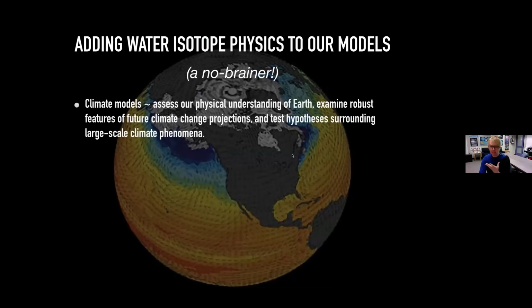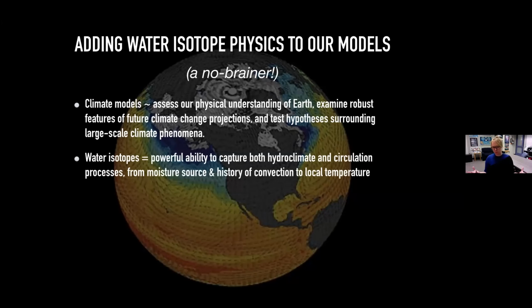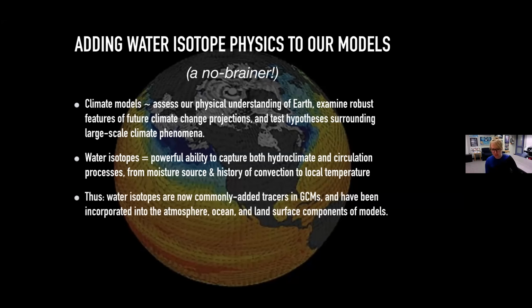So for many, many years, we've used climate models to assess our physical understanding of the Earth and look at climate change projections. And given that water isotopes are these powerful tools for understanding hydroclimate and circulation, as we just mentioned, they have regularly been added as tracers in GCMs of late and been incorporated into the atmosphere, ocean, and land surface components of our models.